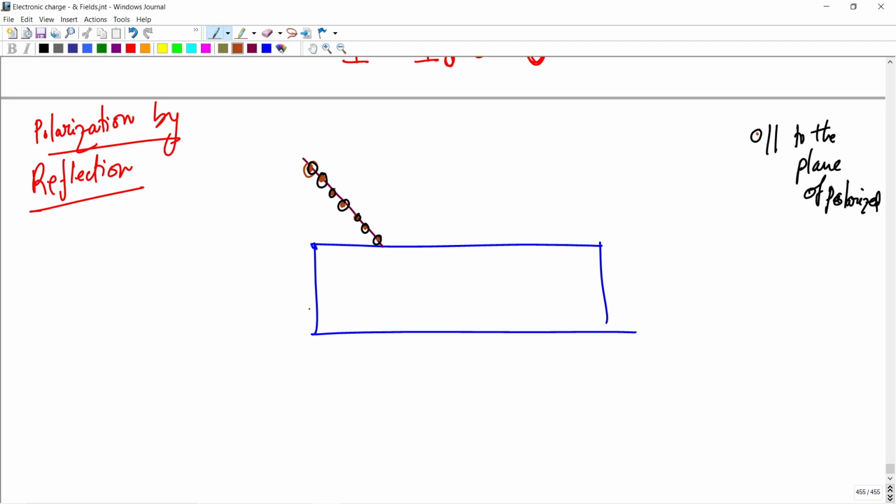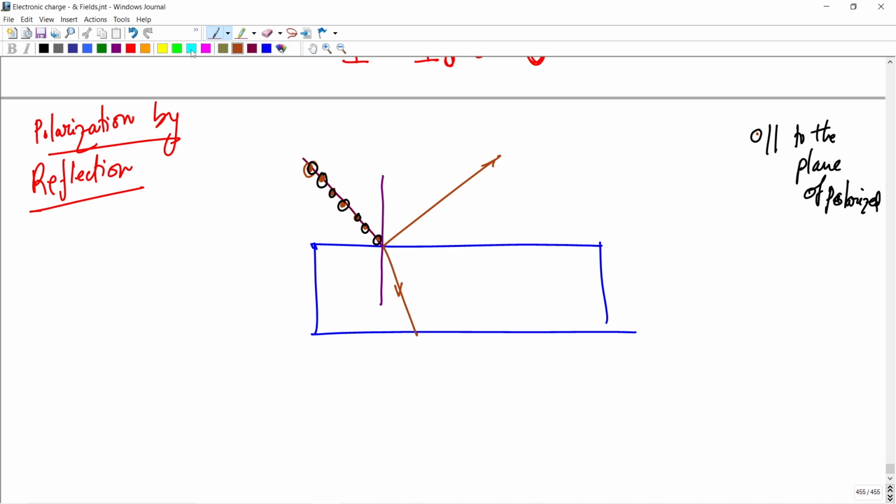After striking the surface, there is a normal here, and since the medium is optically denser, the refracted ray bends towards the normal.